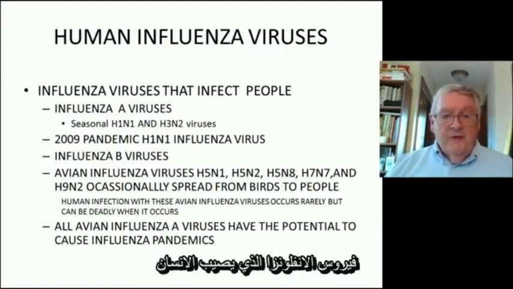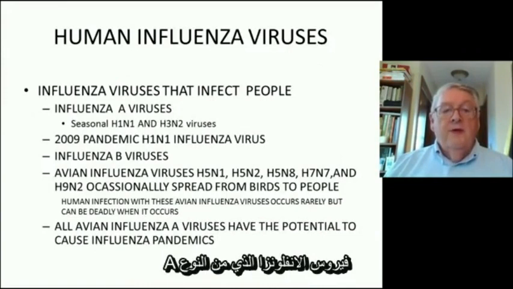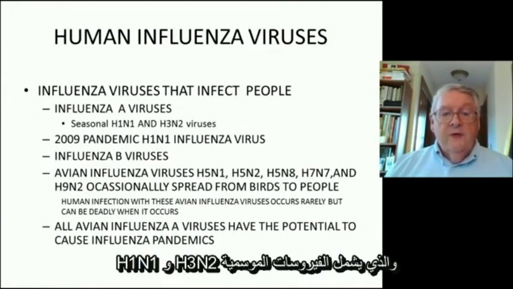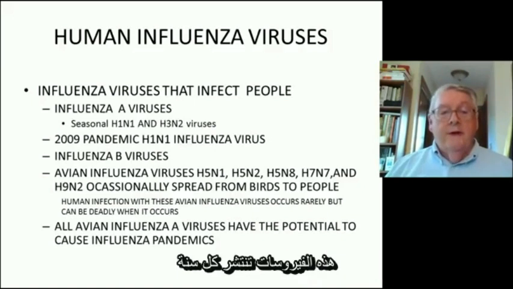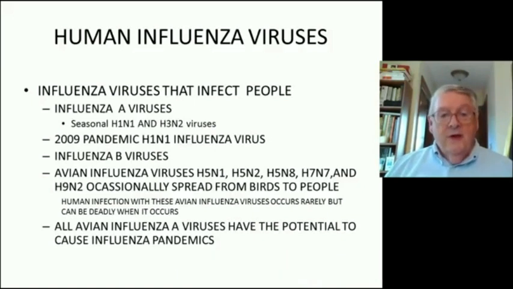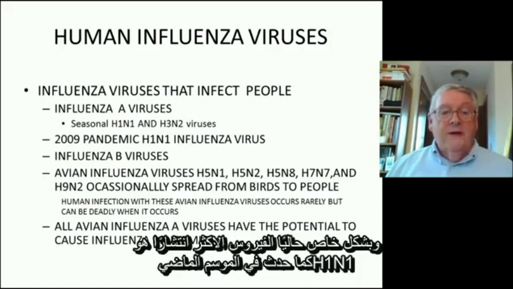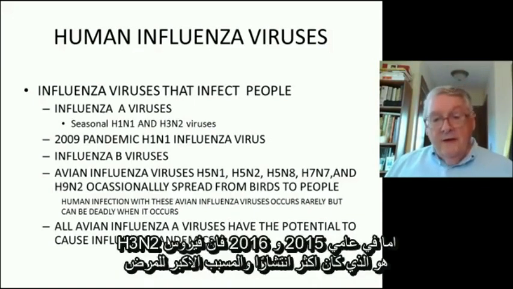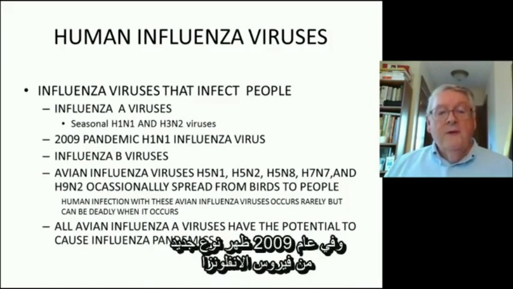Human influenza viruses, influenza A viruses, include seasonal H1N1 and H3N2 viruses. These occur every year, and particularly recently, we have more H1N1. This past season, 2015, 2016, H3N2 was a major cause of disease. In 2009, a new influenza virus appeared and was pandemic.